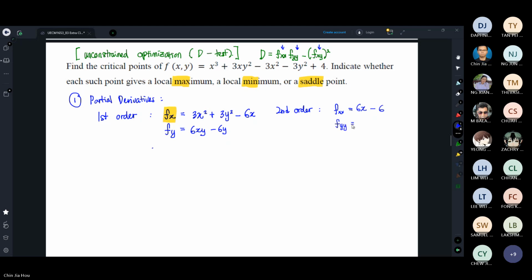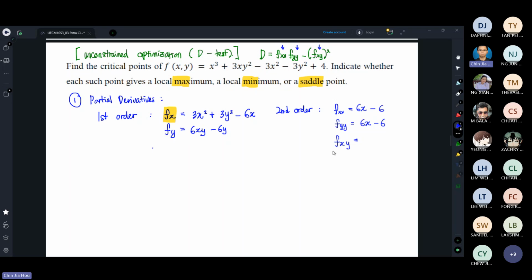Fyy. Since it's yy, we are taking the fy and differentiating with respect to y. So 6x minus 6. Again, same thing. Then the last thing is taking the fx and differentiating with respect to y.